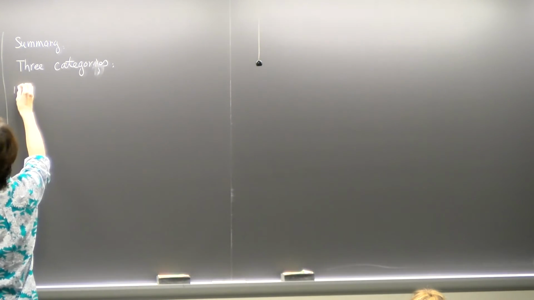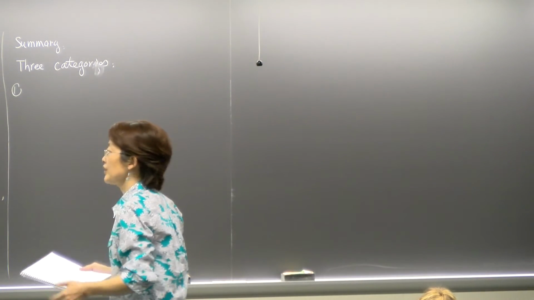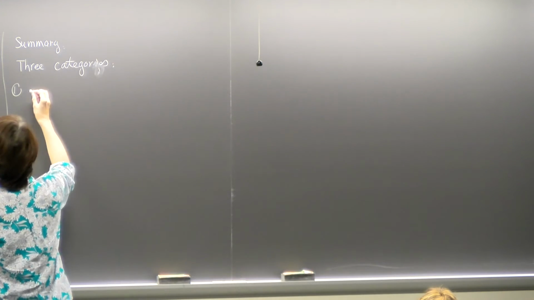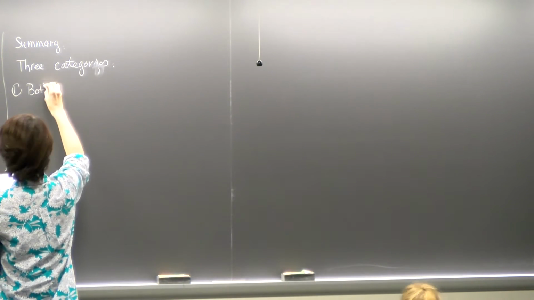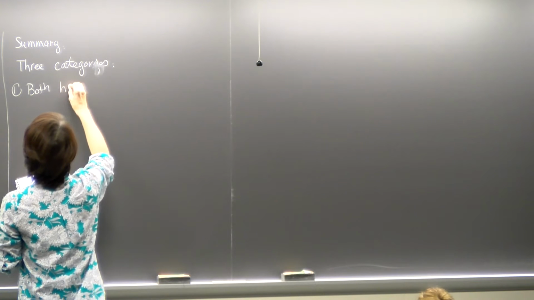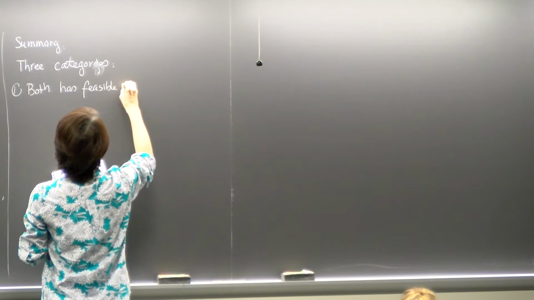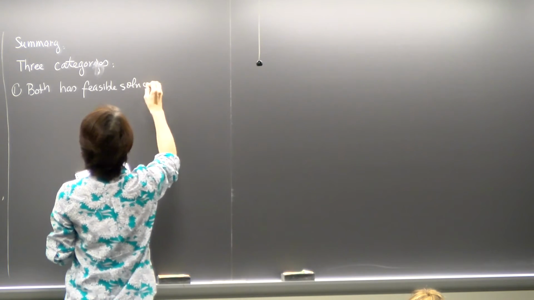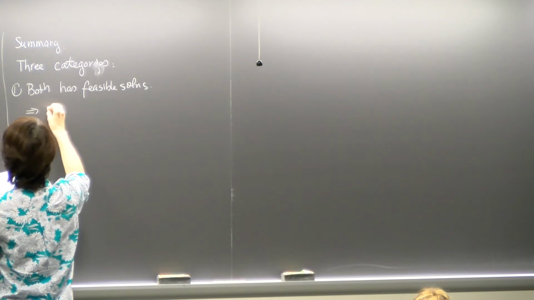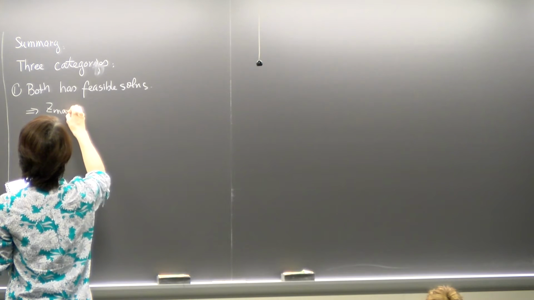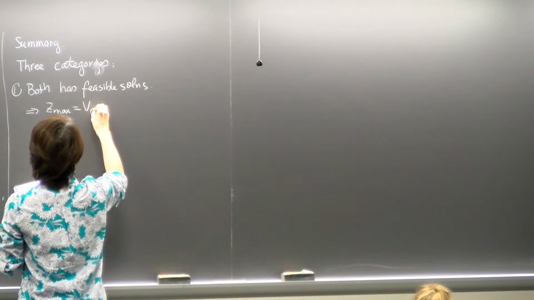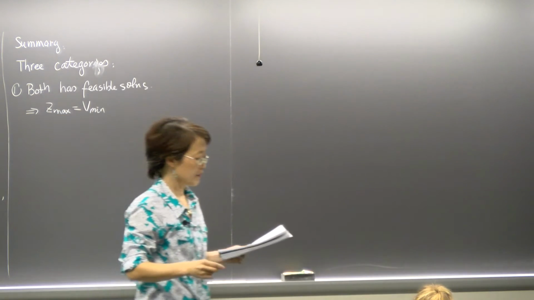The first one is the nice one, where you can apply the duality theorem. So both have feasible solutions. And then you would conclude z max equals v min. They all exist and they're bounded.